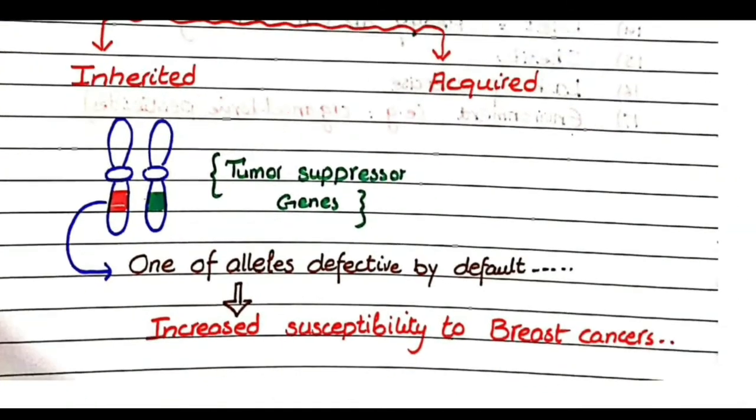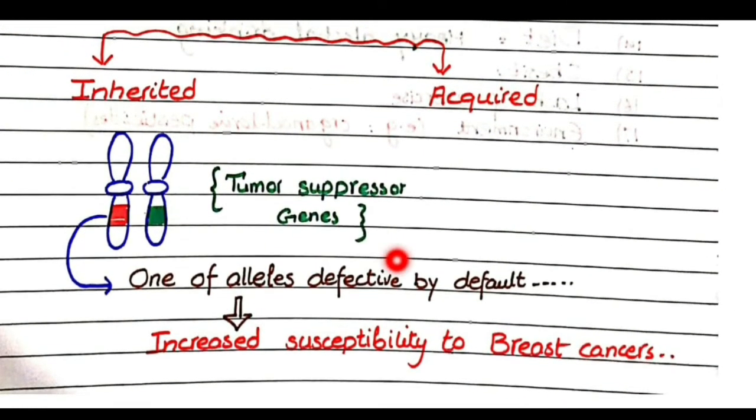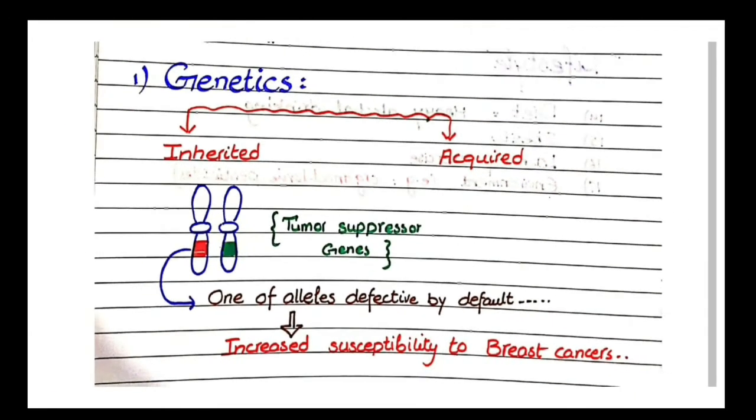So we can say that if one of the alleles is defective by default, then the person will have increased susceptibility to breast cancer. These are called inherited or familial breast cancers. So I hope that you have now understood the concept of familial breast cancers. Familial breast cancers are those in which a person is born with one defective allele of a tumor suppressor gene, and if the second allele undergoes mutation throughout life, then this will drive the process of breast cancer.